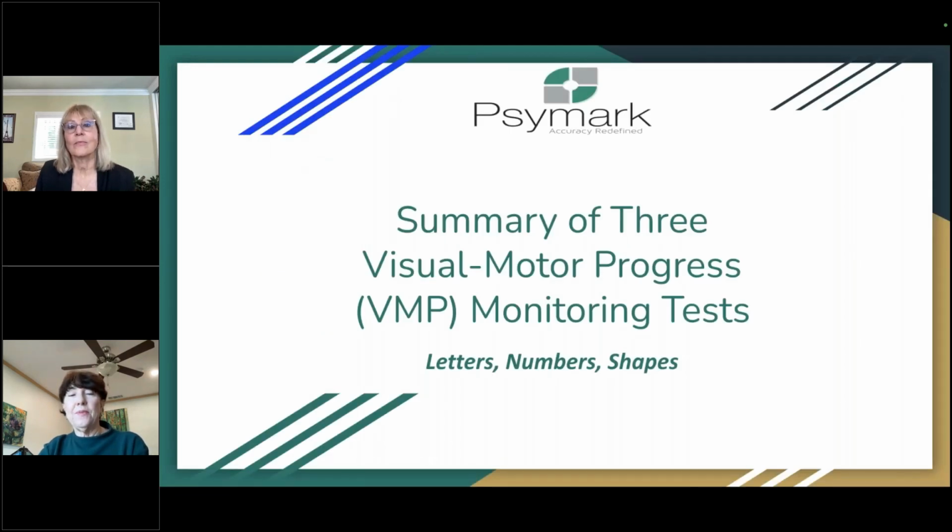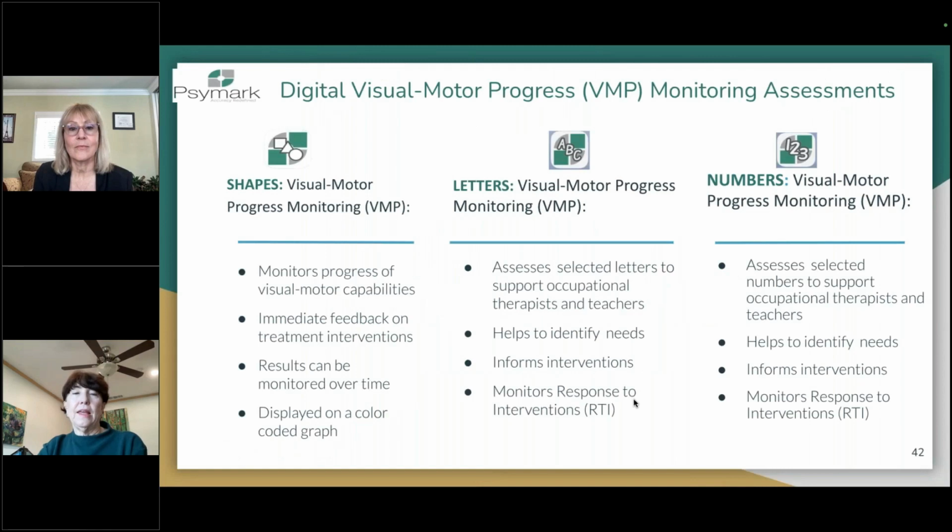So in summary, we have 3 tools, and these are letters, numbers, and shapes. This goes through a quick way to see the differences between our 3 tools. The first one being shapes, which is really an overview of visual motor abilities. And our letters and numbers, our font was developed for us by an occupational therapist.